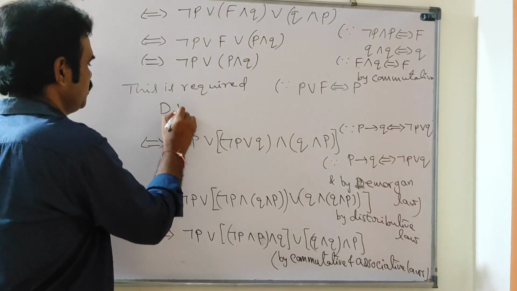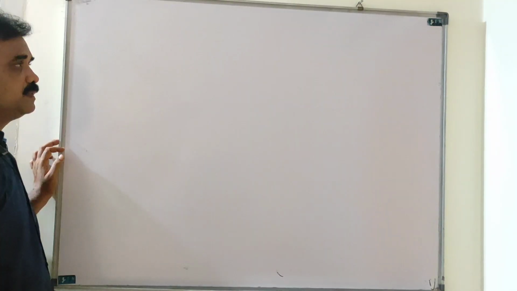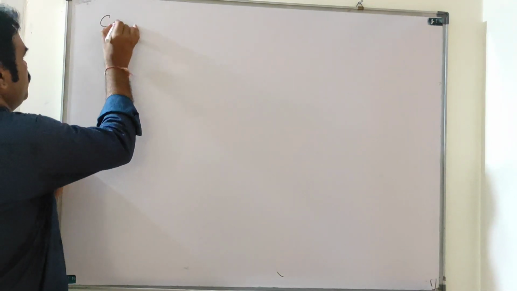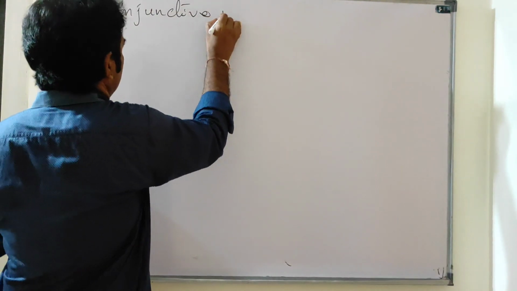Disjunctive normal form. DNF means disjunctive normal form. Next, conjunctive normal form.